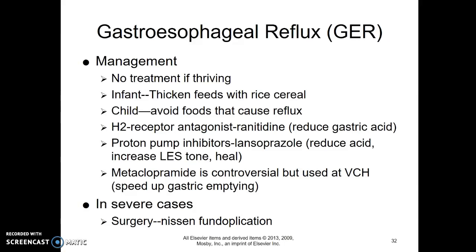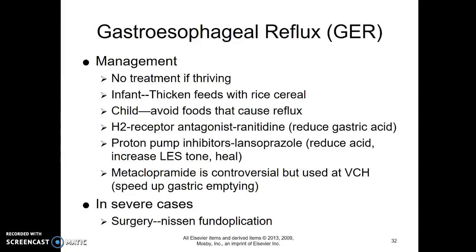So if you do reflux, it's not going to do damage because it's not so acidic. Proton pump inhibitors like lansoprazole reduce the acid, but they also increase the tone of that lower esophageal sphincter, and they promote healing. So your H2 receptor antagonists are kind of just preventative, while your proton pump inhibitors can treat it or heal it.